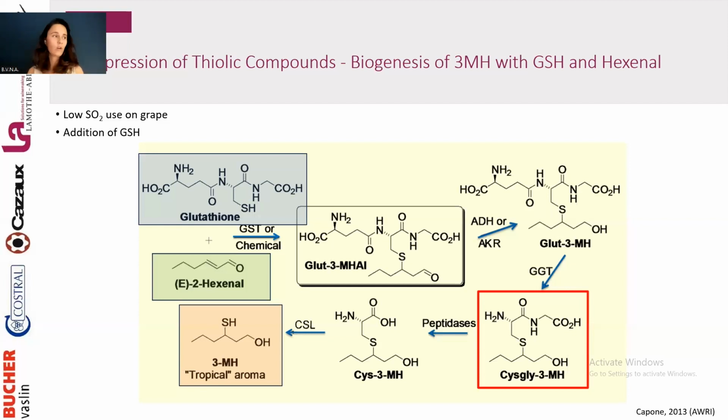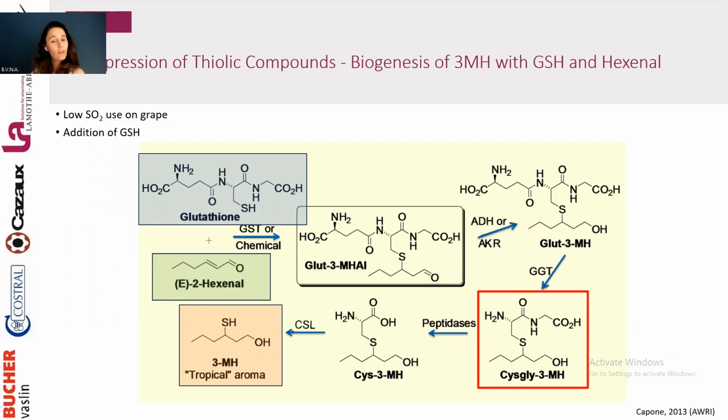Glutathione is a strong natural antioxidant, so we want to be in a condition with no oxidation to maintain our glutathione, but hexenal is produced via the oxidation of lipids. So it means we need to have oxidation happening. So it's a bit tricky. We need to be on a low sulfur usage with the addition of glutathione to make sure we can have this transformation.